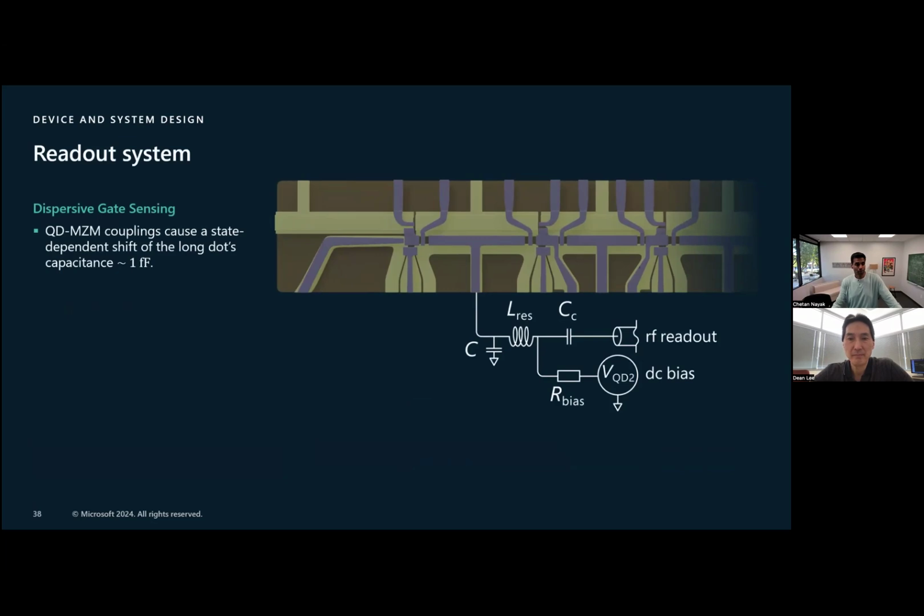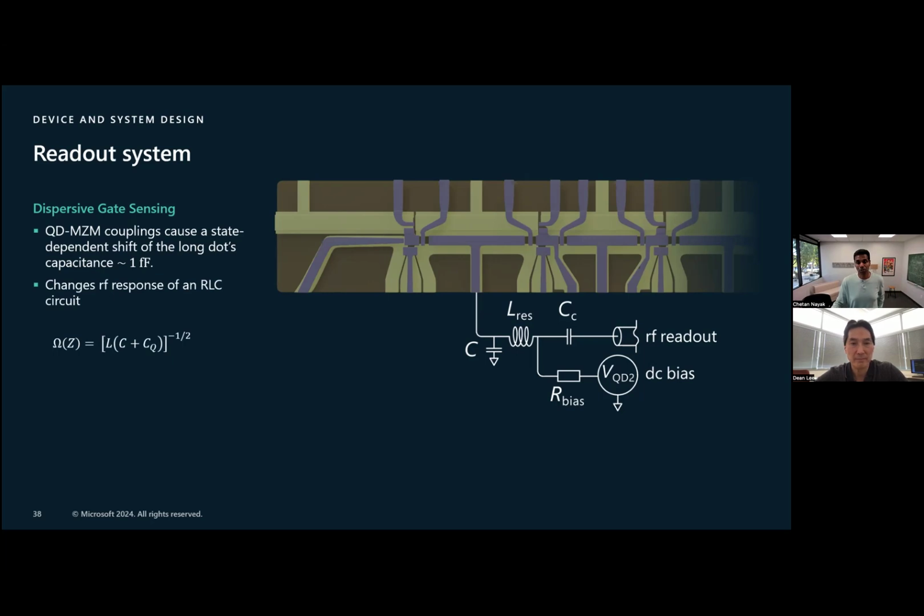The way we can do a measurement like that is through what's called dispersive gate sensing. So we put this gate, embed it in a readout circuit that's basically an RLC circuit, and the radio frequency response of this circuit, in our case at around 600 megahertz, can be measured. It varies as the capacitance changes.